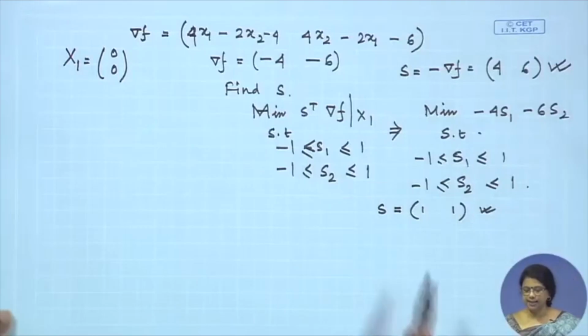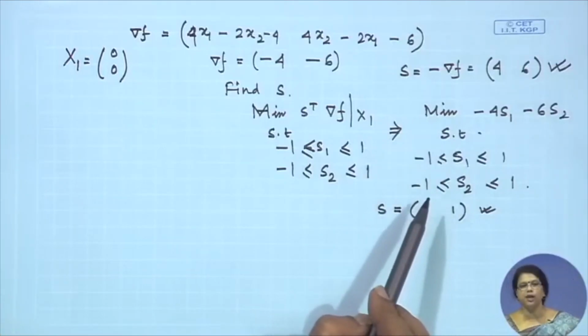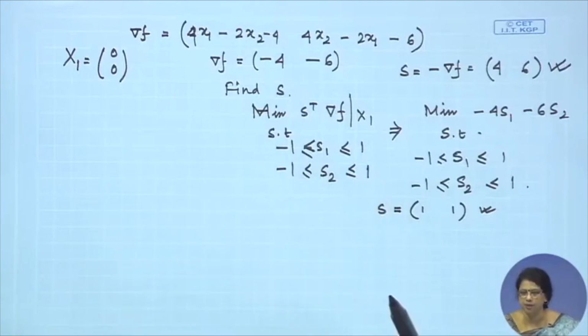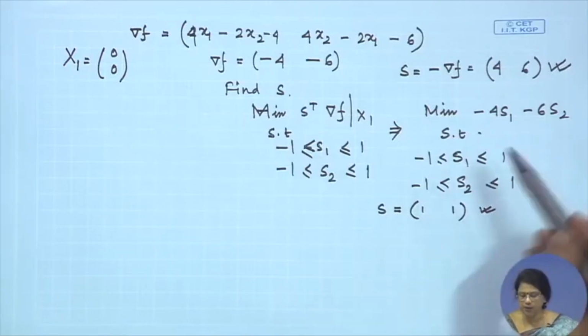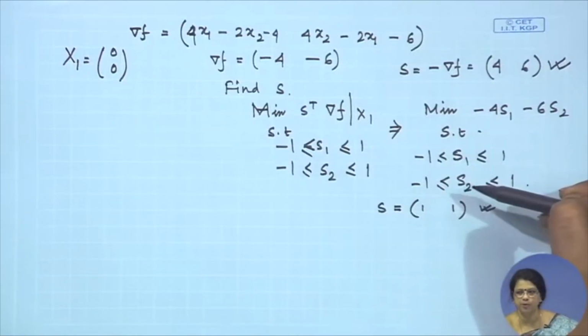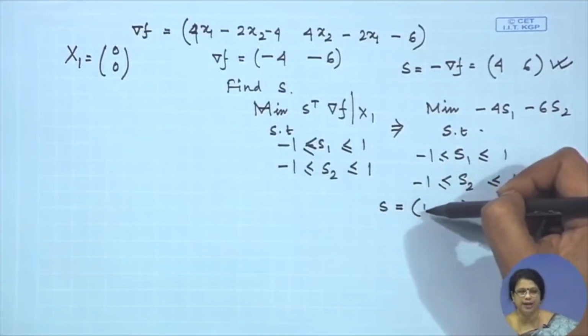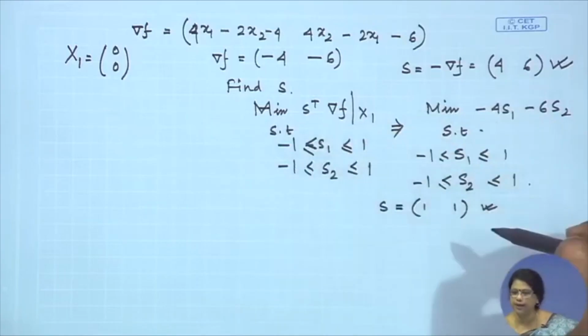Now, you may ask that this is a linear programming problem, negative value is not allowed, that is why you can transform it from S1 to T1 as T1 is equal to S1 plus 1. That way you can solve this linear programming problem, you will get the values for T1, T2, and from there you can calculate S1, S2. This is another way we can do it.